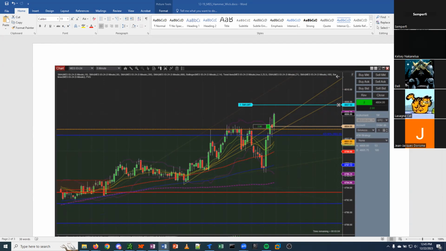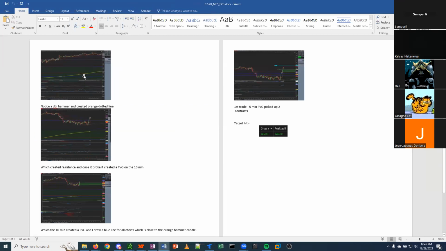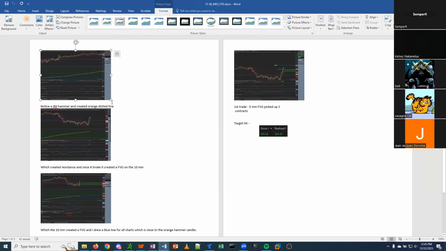So the next day I tried the same strategy again, looking for wicks prior. And like I said, where is the screenshot at? The first screenshot, if you actually look on the 20th, I saw two wicks that I created a box on top of. Is that the 20th? This one. Yep, that's the one.